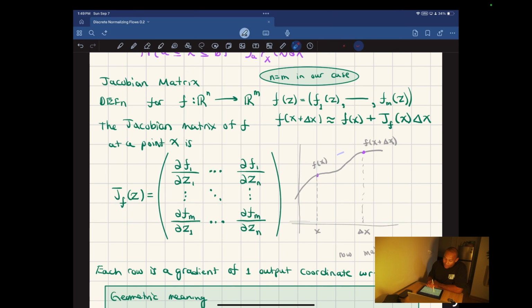So say we have a mapping f that sends a d-dimensional vector to another d-dimensional vector. The Jacobian matrix is a linear approximation of your function f around an infinitesimal space around a point z.